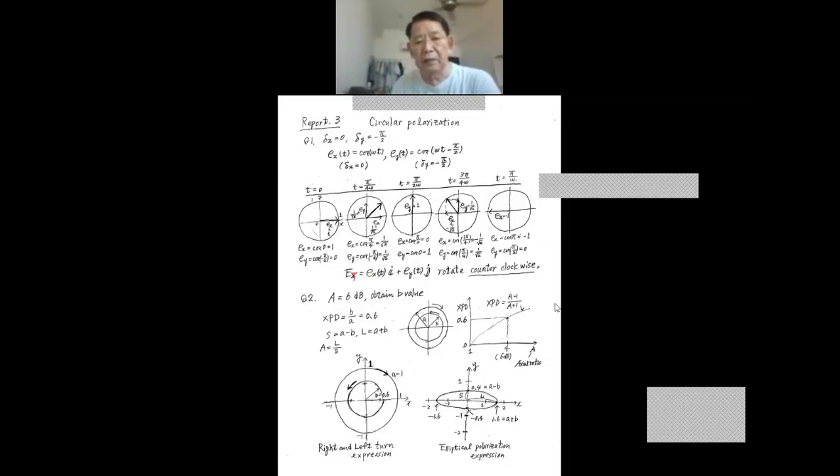The practical use specification is an axial ratio of less than 3 dB. So a more circular shape is requested for practical use of a circular antenna.